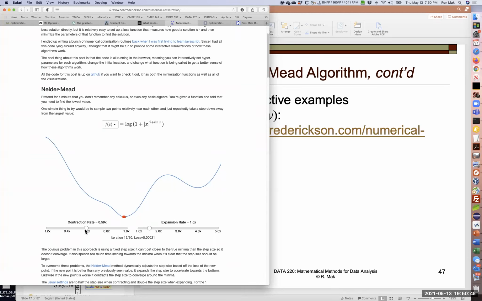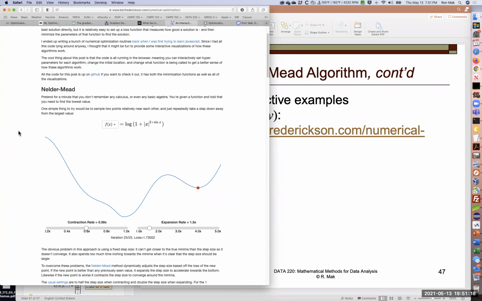Here you can see we start here, the steps get bigger and bigger, and then we overshoot, and then we decrease the learning rate. Now you can see that if I started here, we end up at a local minimum, and we don't actually find the global minimum. So that's a problem with this algorithm.